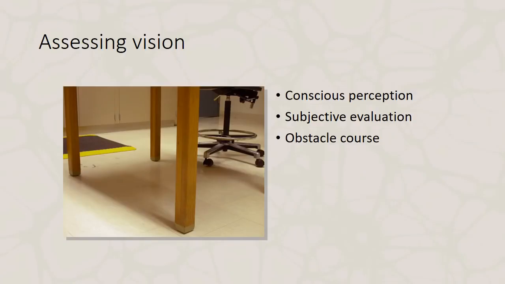One of the simplest ways to assess vision is just observing the patient in a room. Put a patient in a foreign room and see how they can navigate obstacles. If they keep bumping into things, especially if it's on one side, you can be pretty certain that there's going to be absent vision or at least severely diminished vision in that eye.